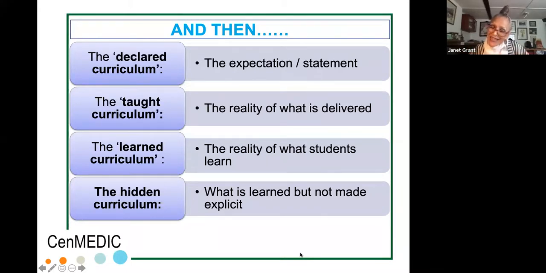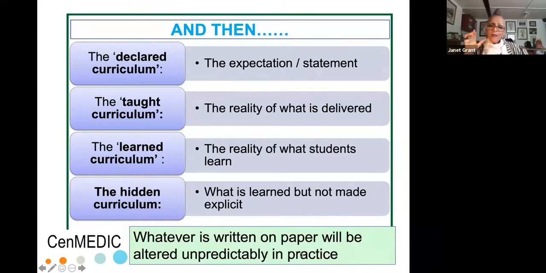And it might be sometimes that the taught or the learned or the implied, the hidden curriculum is better than your declared one. You don't know unless you look. So whatever is written on paper will be altered unpredictably in practice. And that will be dependent on where you are and how things are where you are.